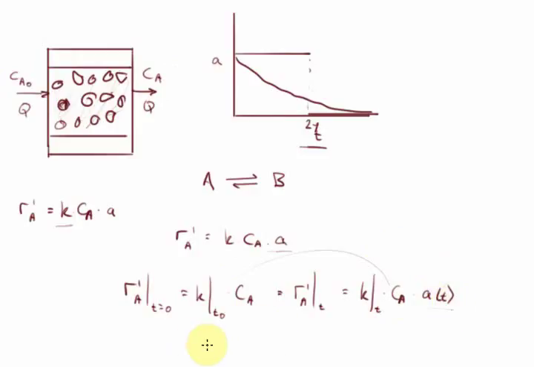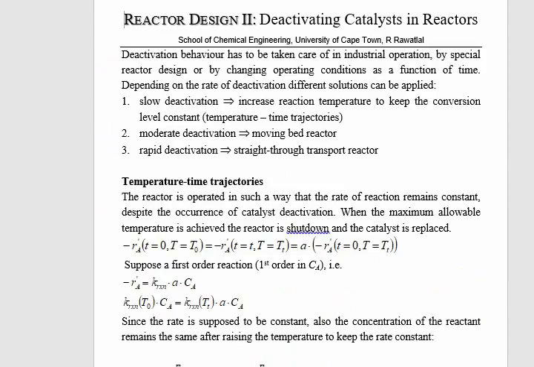We can say A at time t must equal k, the initial k at t naught, divided by k at time t. So that's one relationship that we can write.